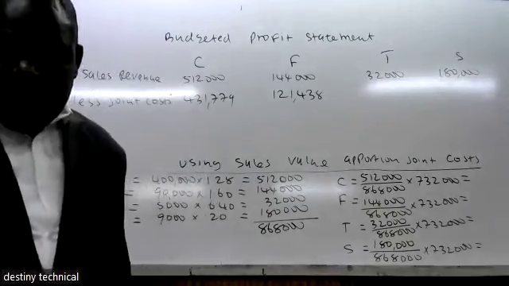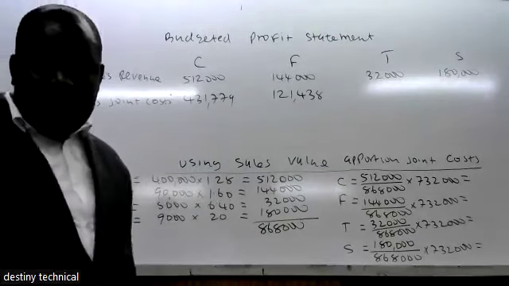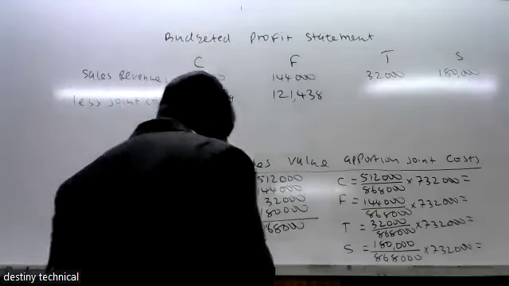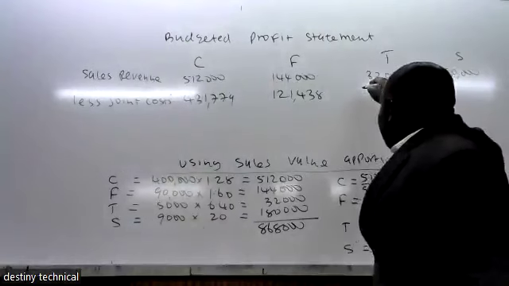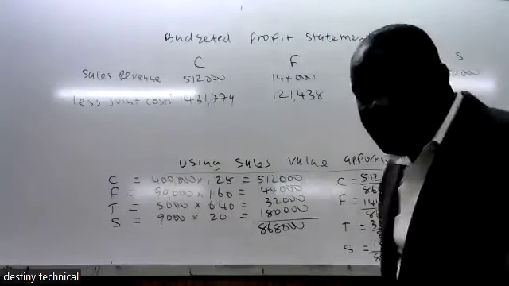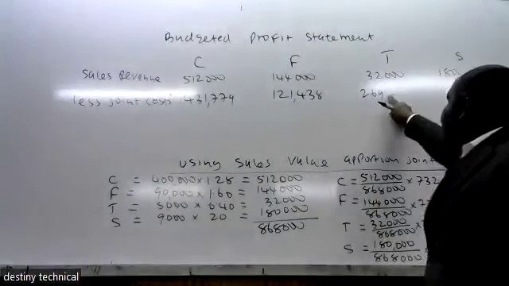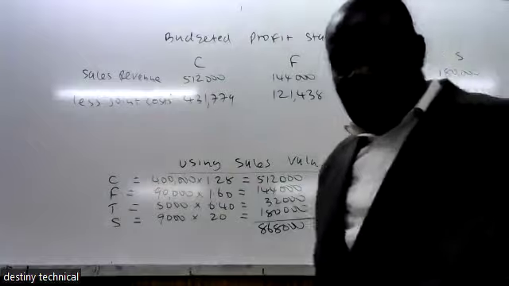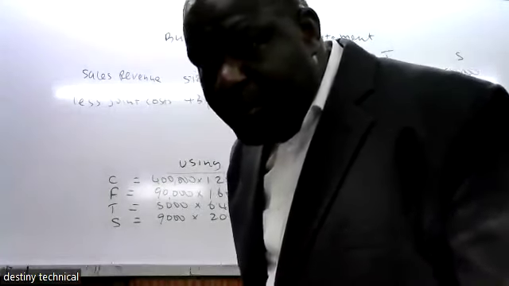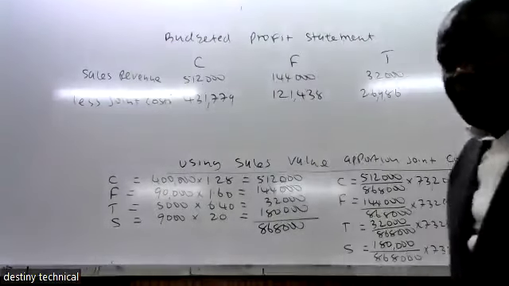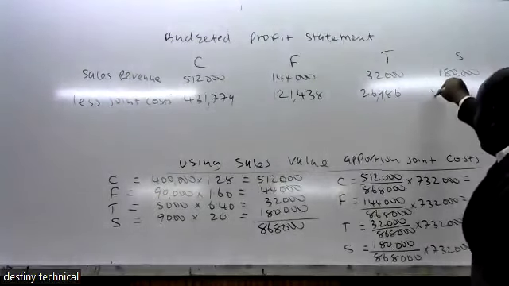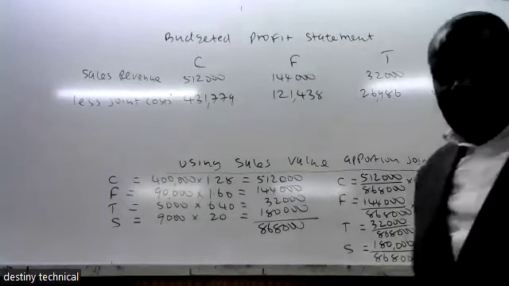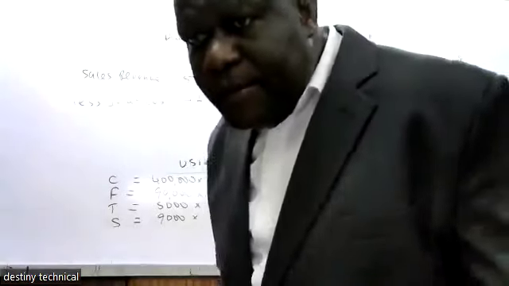So T is meant to be 269,986. Then the last one, I've been given 151,797.